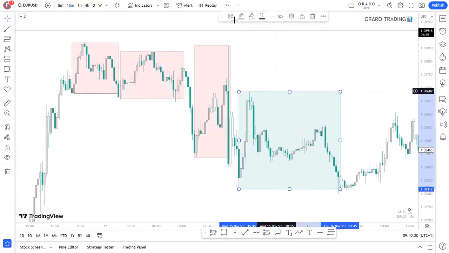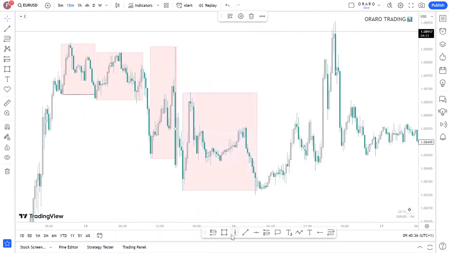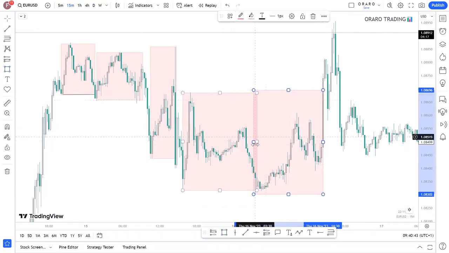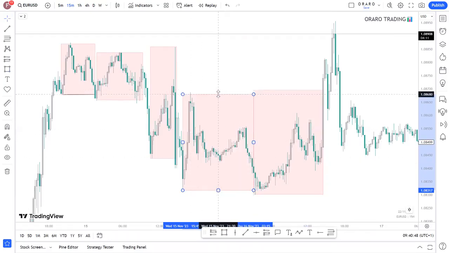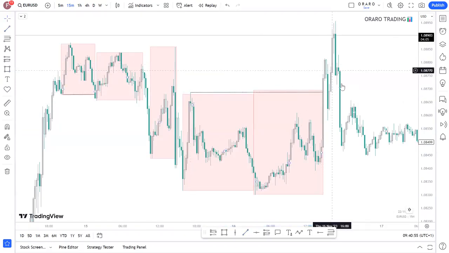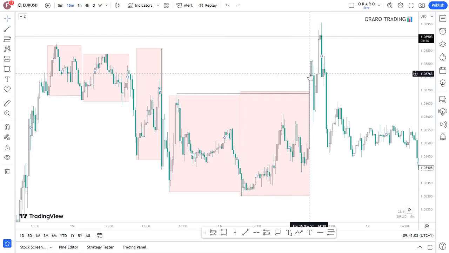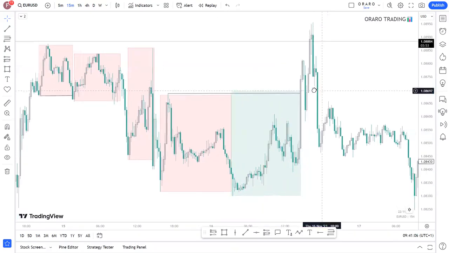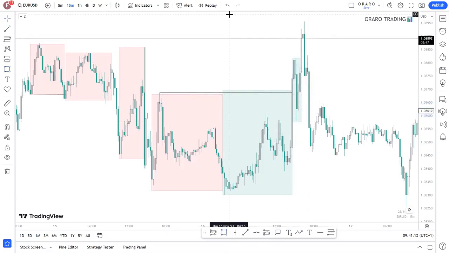Then we continue the bearish order flow. Order flow switched bullish here. Good. Order flow continues bullish.